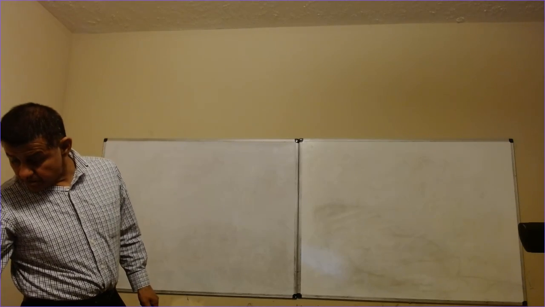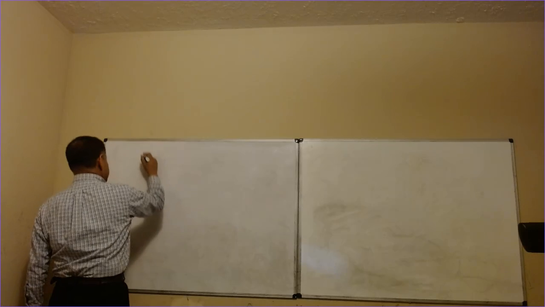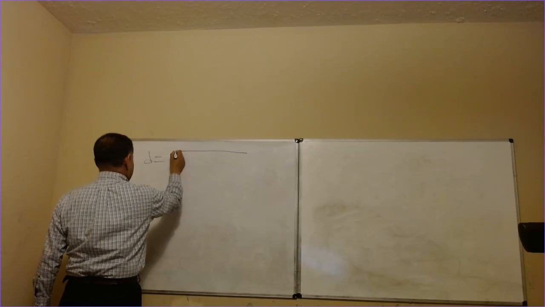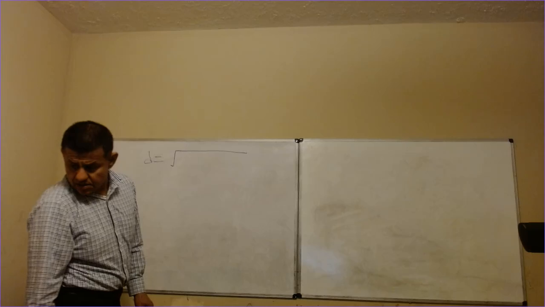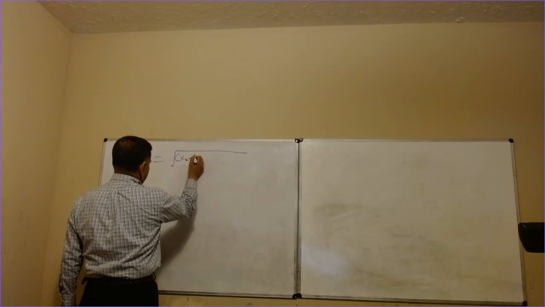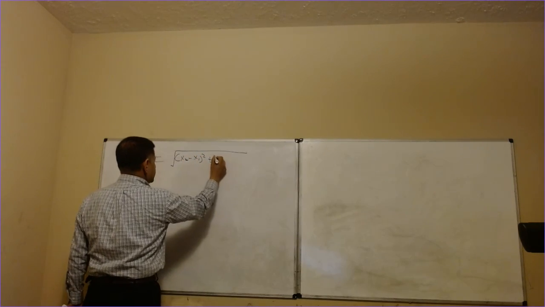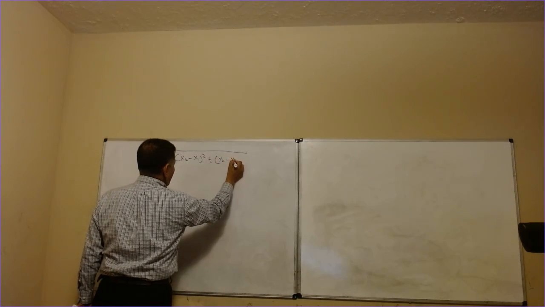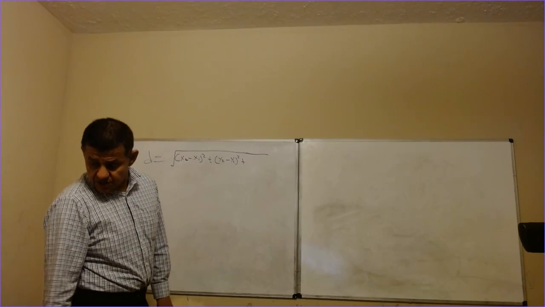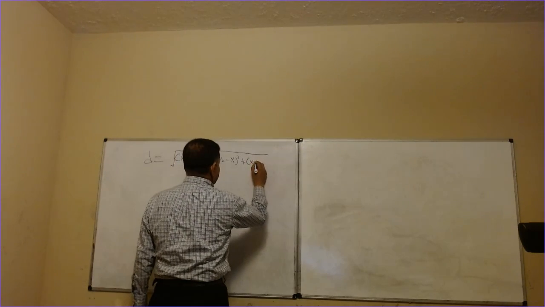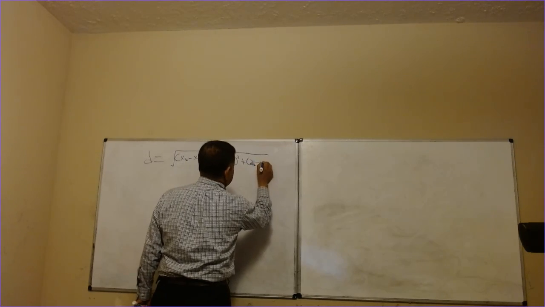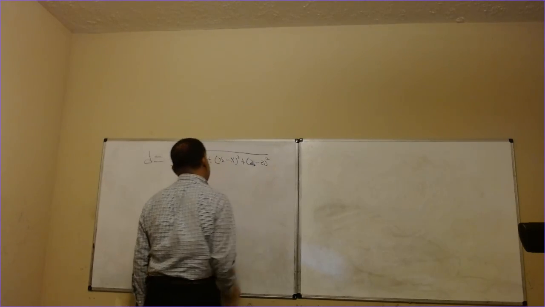basically, it's something like this. D is equal to the square root of x2 minus x1 squared plus y2 minus y1 squared plus z2 minus z1 squared, right?